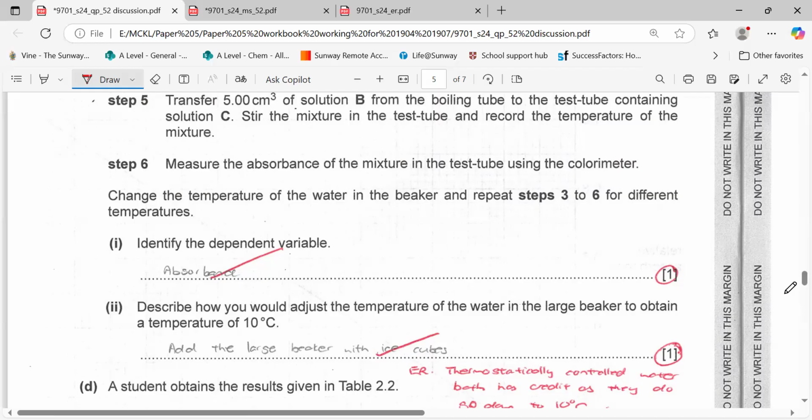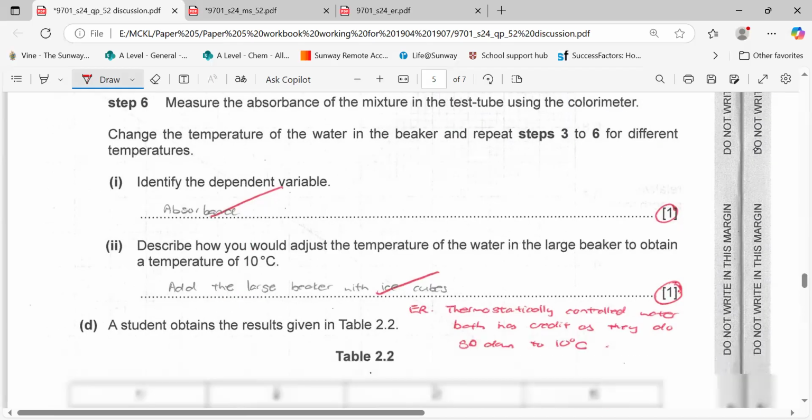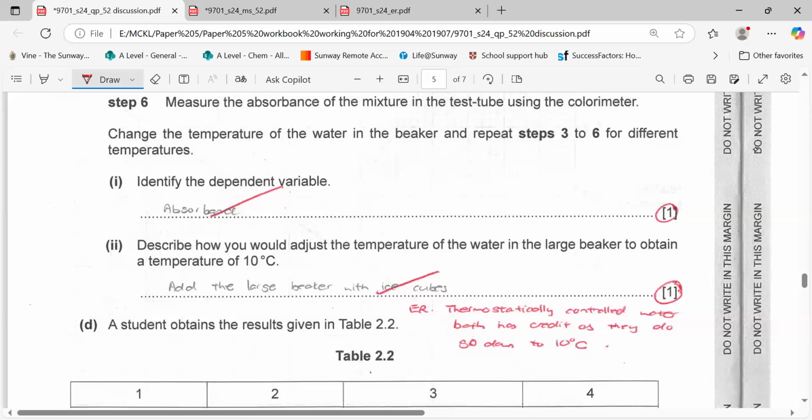I read the examiner report, and they say a thermostatically controlled water bath has credit. That means not the main answer, but you're still going to get your marks as a secondary mark, because they do go down to 10 degrees Celsius. But to be honest, if you want my opinion, I don't recommend you write thermostatically controlled water bath, because the machine is normally used to increase the temperature from 25 degrees Celsius.